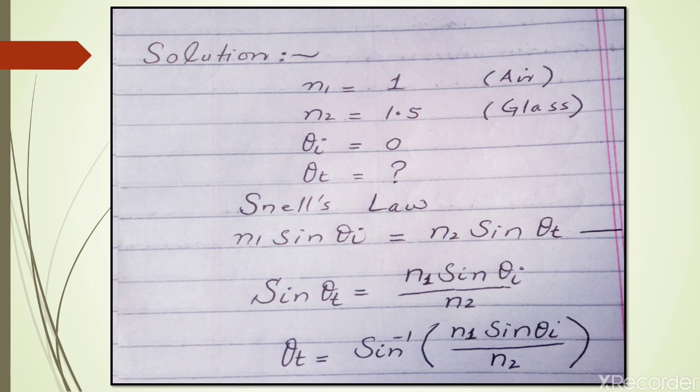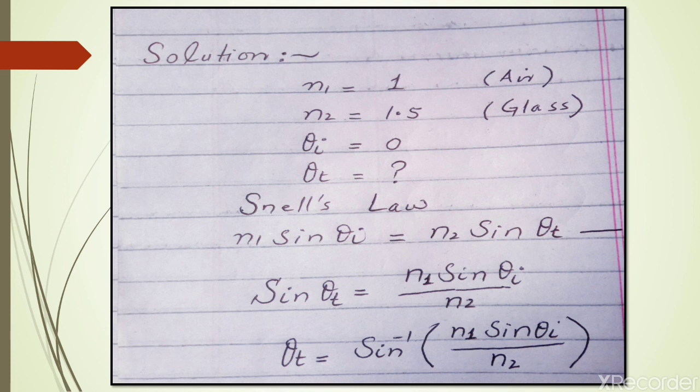So in this numerical example, N1 is 1, N2 is 1.5. In the first part of the numerical question, the angle of incidence is 0 and we want to find out the angle of transmission. So we apply Snell's law.